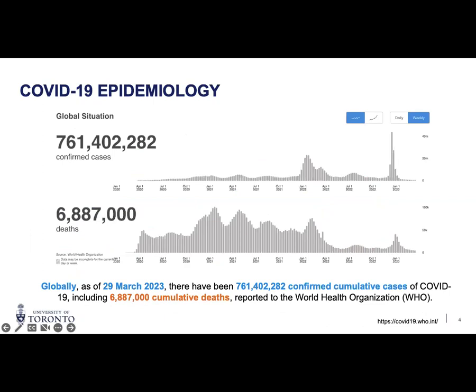So this data is extracted from the World Health Organization. Globally, as of March 29, 2023, when I collected this data from WHO, there have been 761,402,282 confirmed cumulative cases of COVID-19, including about 7 million cumulative deaths reported to the World Health Organization.